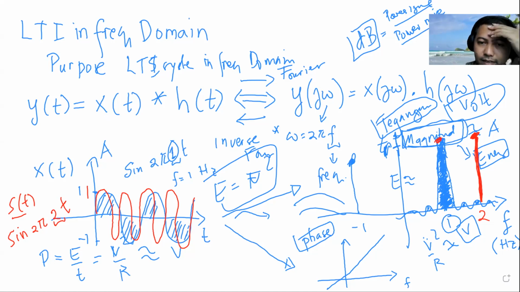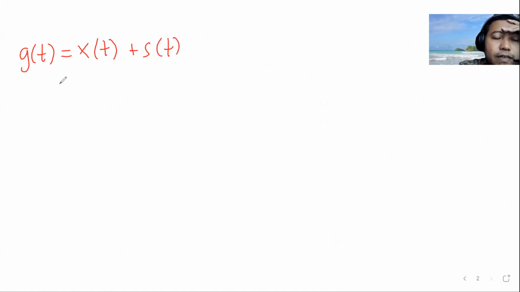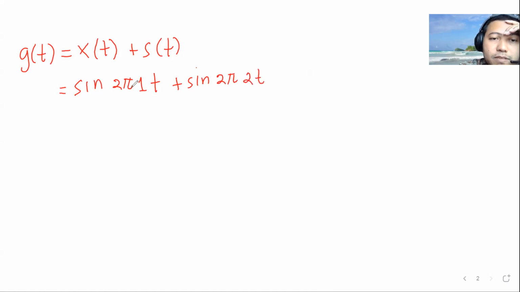So let's say I make a new page here. For example, we have gt consisting of xt plus st, where xt is sinus 2 pi 1t plus sinus 2 pi 2t, meaning the f is 1 Hertz and the f is 2 Hertz.